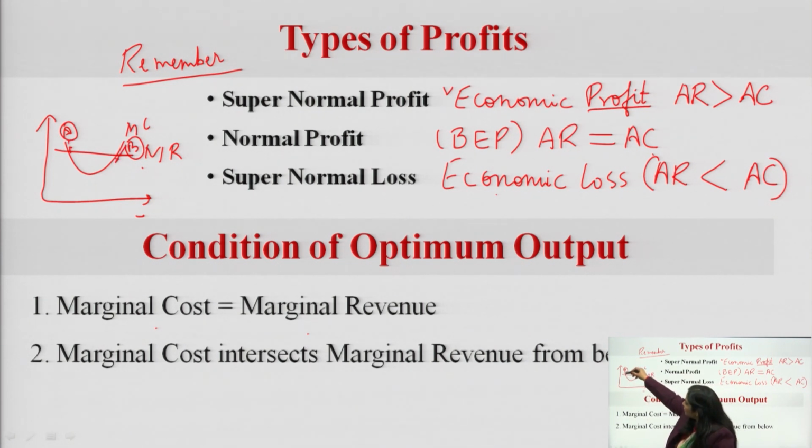Here it is intersecting from above, here it is intersecting from below. So, the point where both conditions are fulfilled is point B, where marginal cost equals marginal revenue and marginal cost is intersecting marginal revenue from below. We have to remember this whenever we do price and output determination.